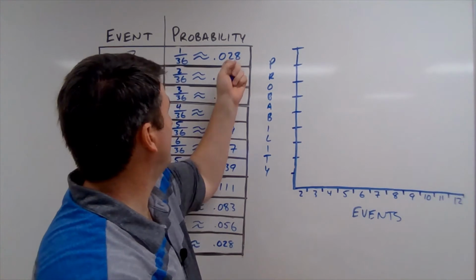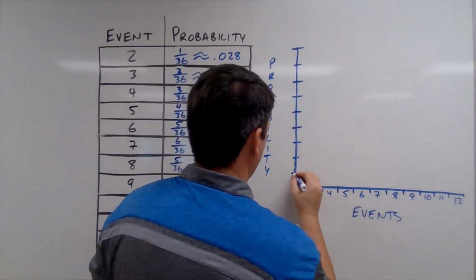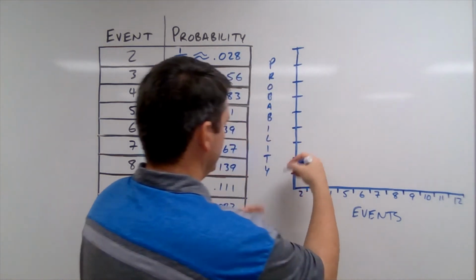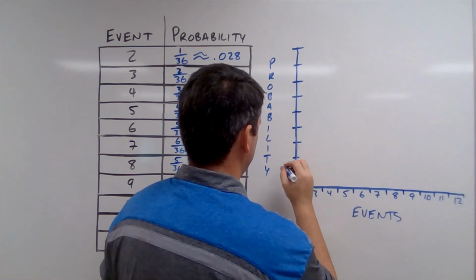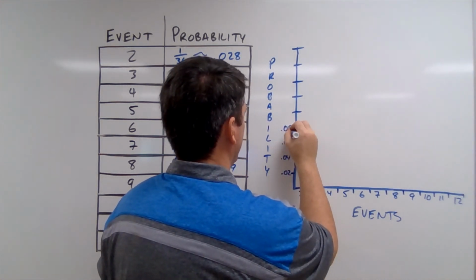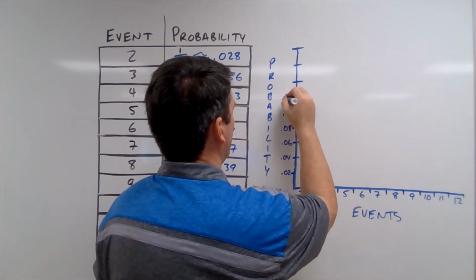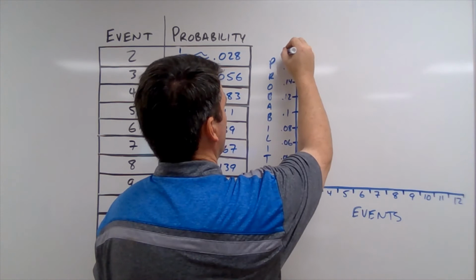And since we go from 0.028 up to a maximum of 0.167, I'm going to go in increments of 0.02. So we'll start with 0.02, 0.04, 0.06, 0.08, 0.1, 0.12, 0.14, 0.16, 0.18.